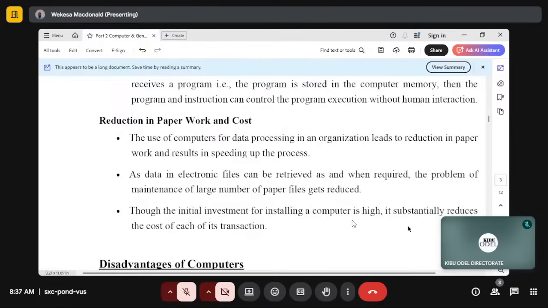Last but not least, computers have also led to a reduction in paperwork.